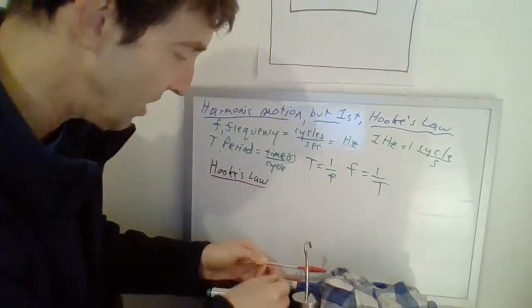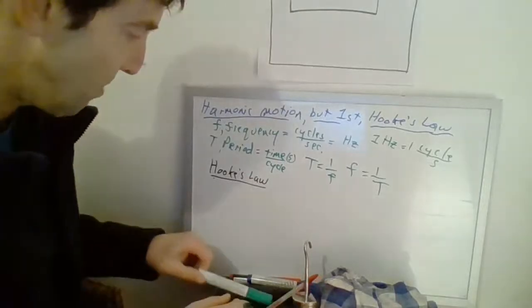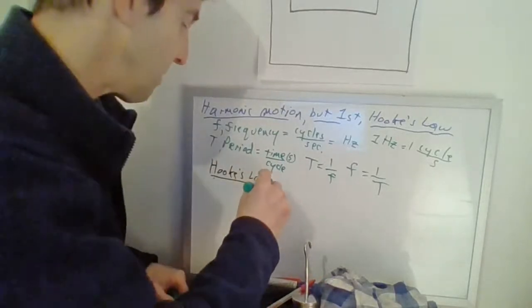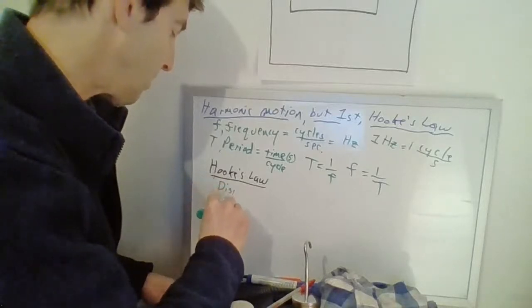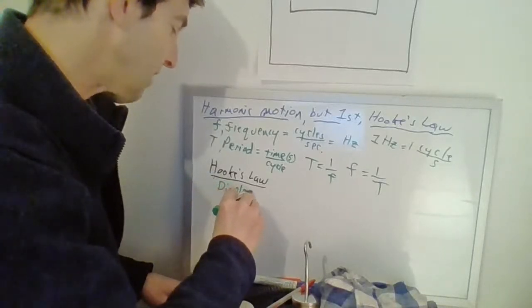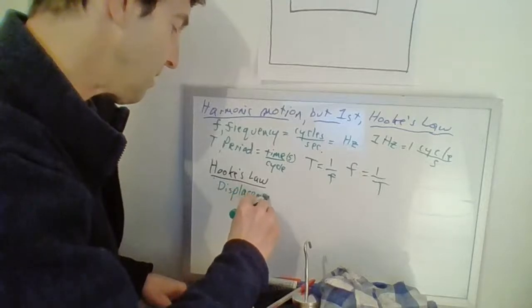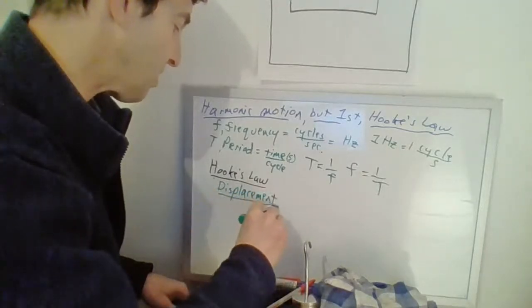So I'm going to write that down for you, not in pen, but in marker. Okay, so for Hooke's law, we need to know about the displacement. We have that word with motion, and it really means, if you think about it, the same thing.